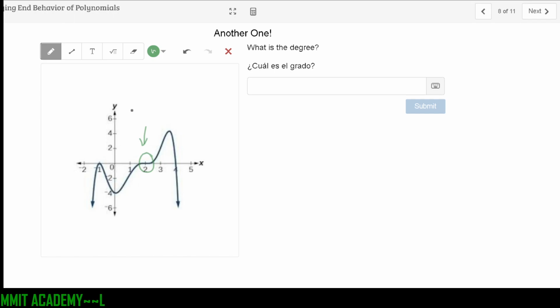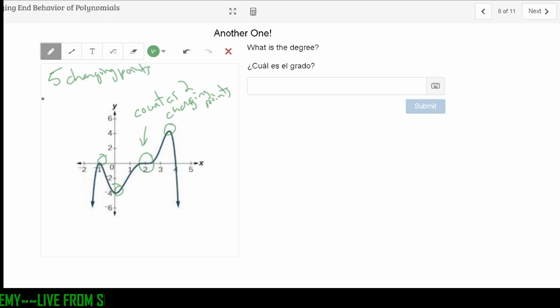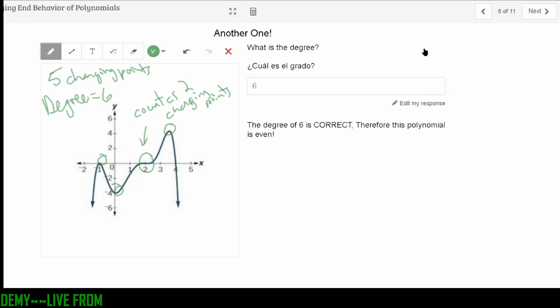So that means we have 1, 2, 3, 4, 5 changing points. Since we have 5 changing points, that means our degree is going to be equal to 6. So make sure you type in 6 and we are good.